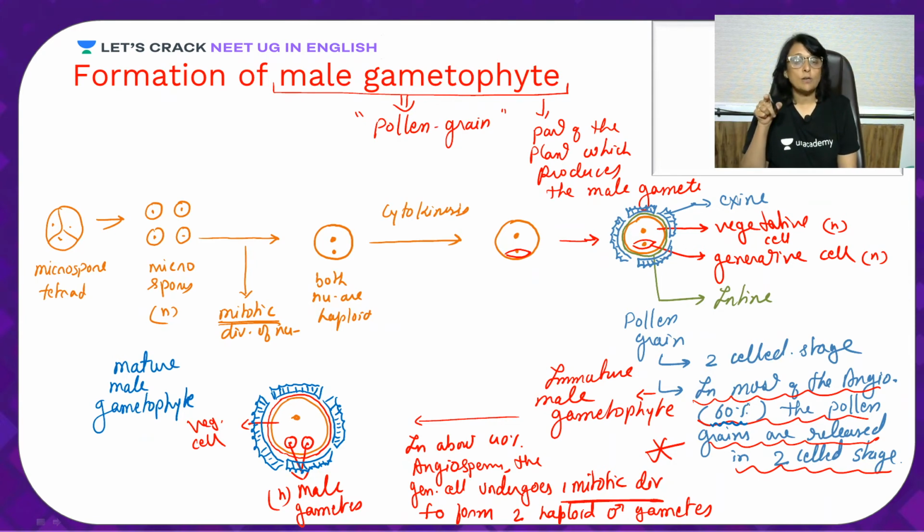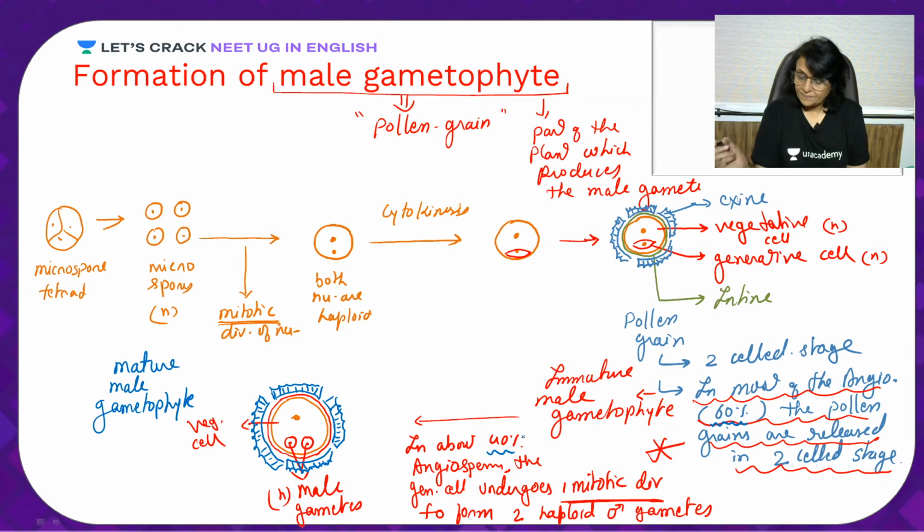So in majority of angiosperms, the pollen grain is released in the form of an immature male gametophyte. But when it reaches the stigma, the generative cell divides to form two male gametes. That is when we say that it is a mature male gametophyte or germinating pollen grain. But in some angiosperms, it's normally 40% or less, the pollen grain is released in three-celled stage.